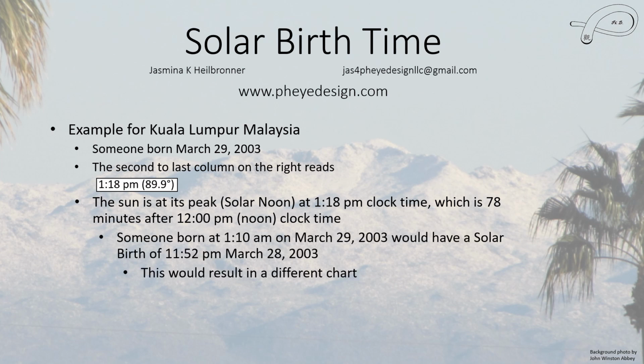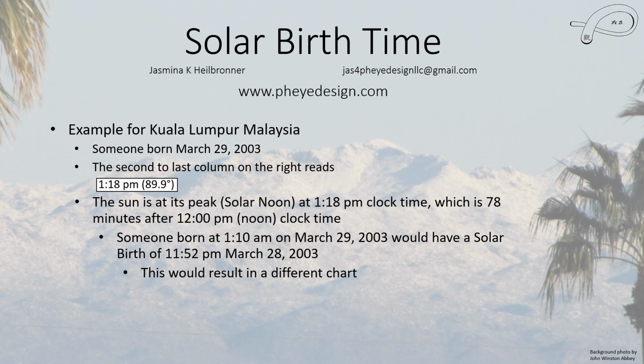So if someone was born at 1:10 a.m. on March 29th, they would actually have a solar birth of 11:52 p.m. the day before. And that results in a very different chart. It results in a different day master.